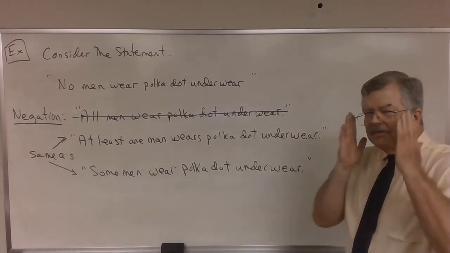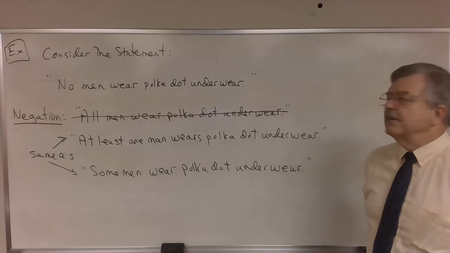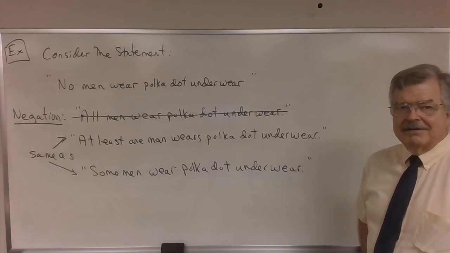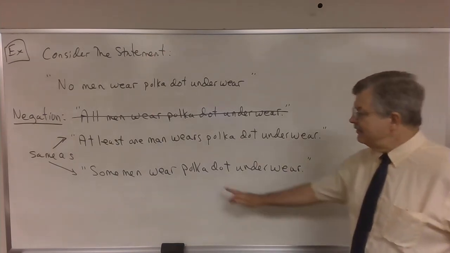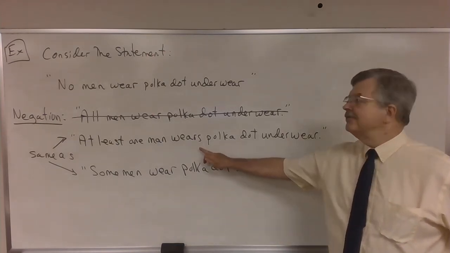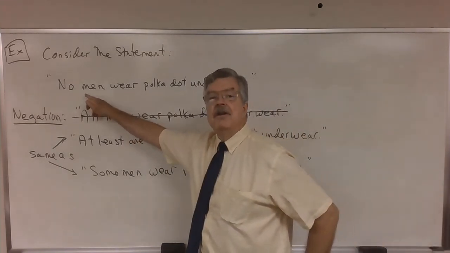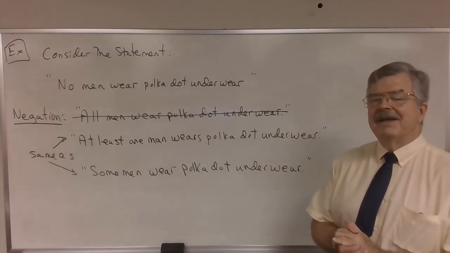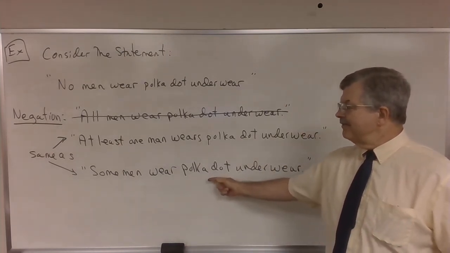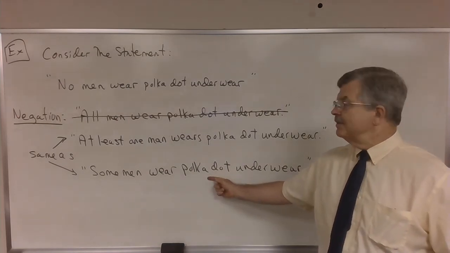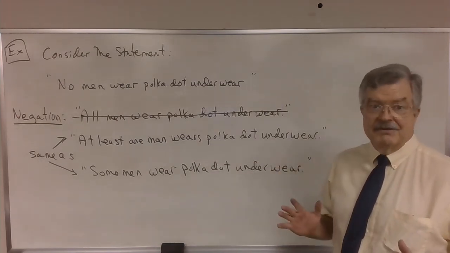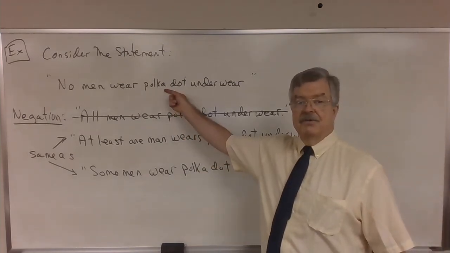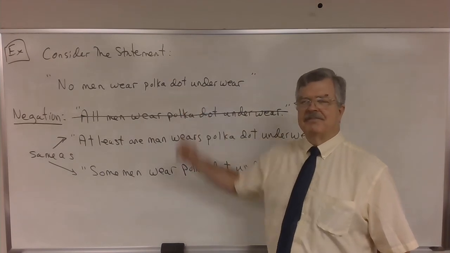And see, there's another way that we could have done this example. Because earlier on, we found out that the negation of some do, or at least one does, is that none do. We've already figured out what the negation of some do is: none do, or there does not exist one that does.